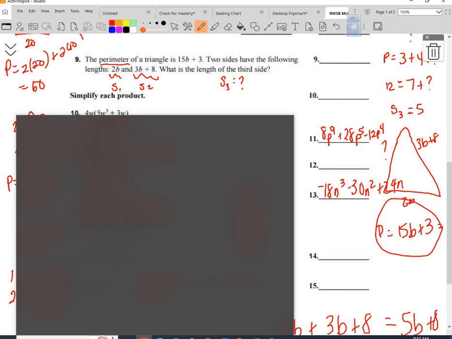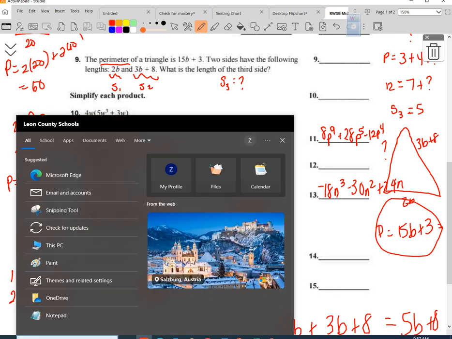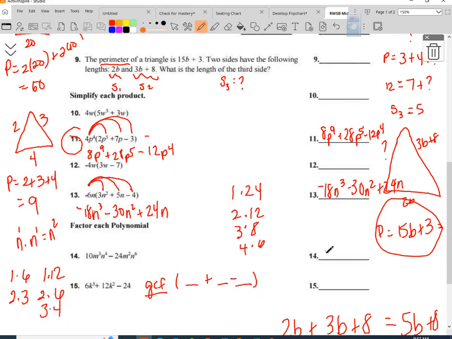What's the biggest number they all have in common? 6, 6, 6. That's the biggest one they have in common, right? So that's our greatest common factor. And I'm just going to go ahead and write that there.